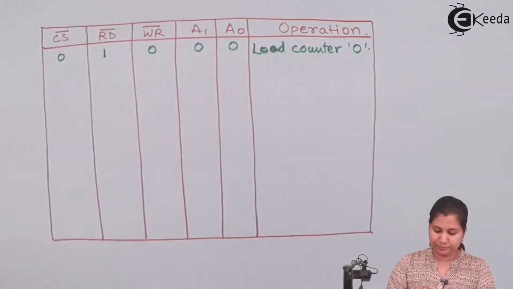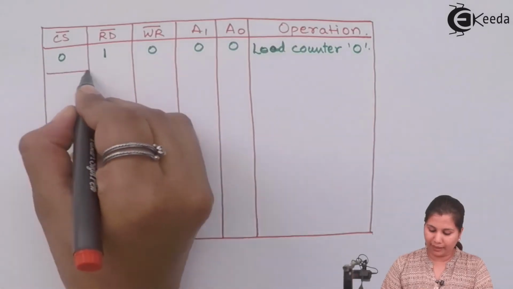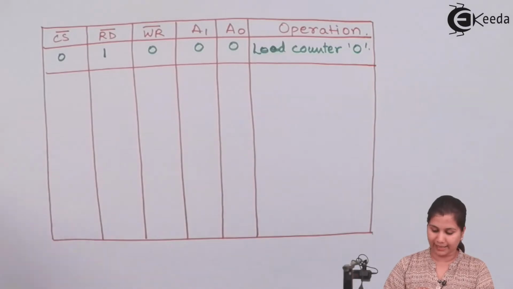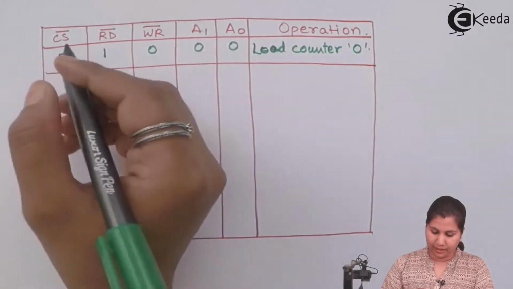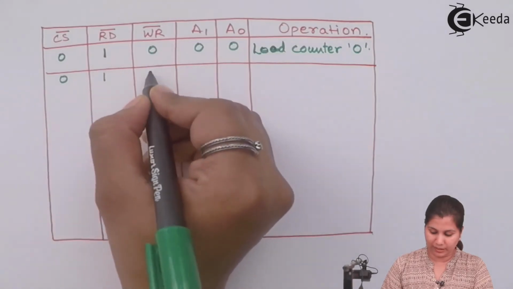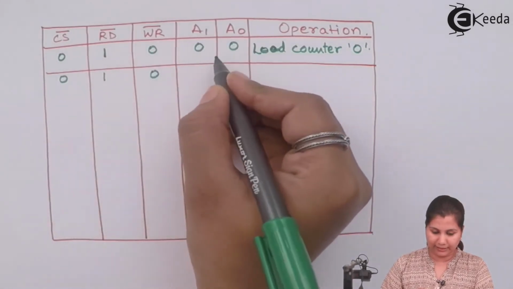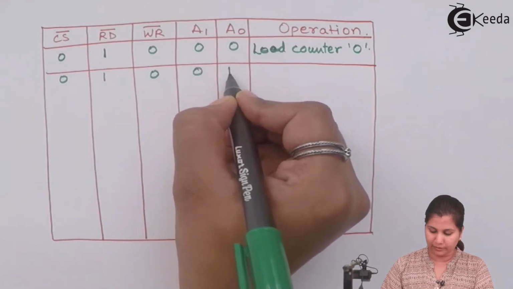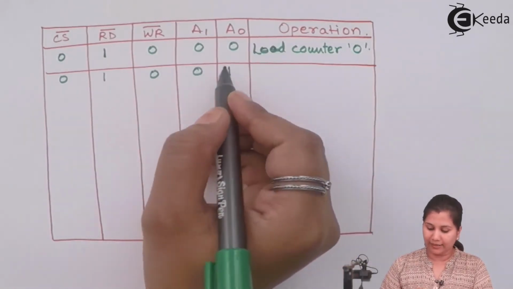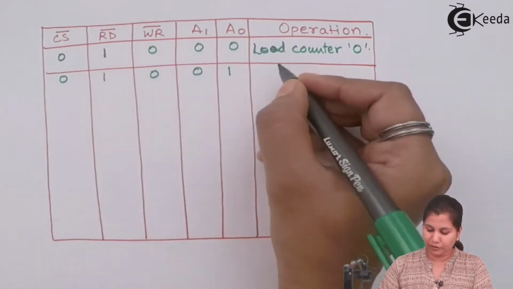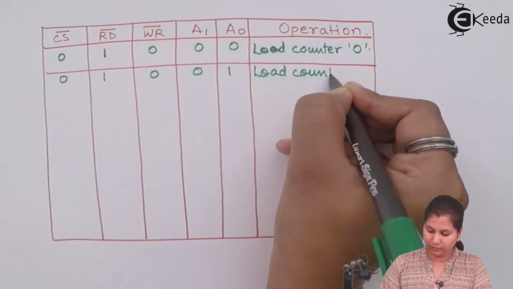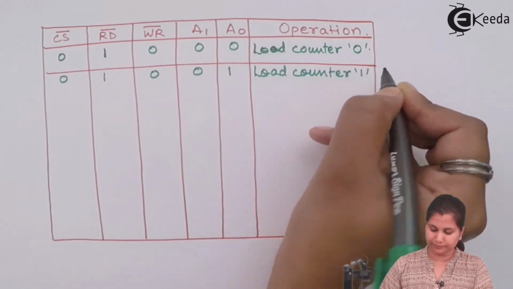Now we again have chip select 0, read 1, write 0, and A1 and A0 are 0, 1. Then counter 1 will be selected, and again it will be a write operation. So the function will be to load counter 1.